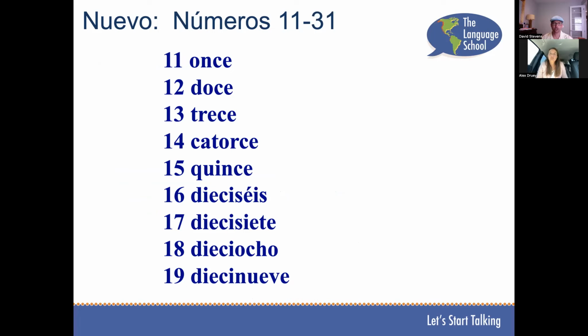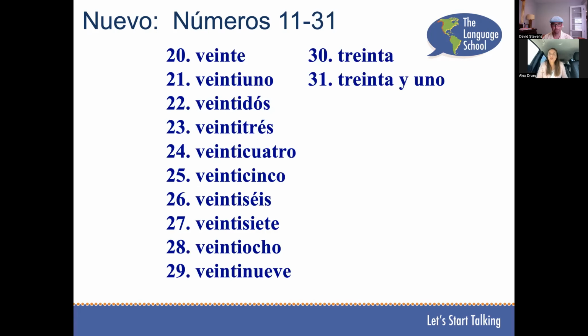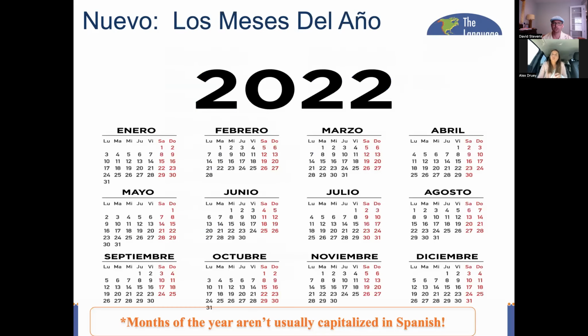Repite. 11, 12, 13, 14, 15, 16, 17, 18, 19, muy bien, 20, 21, 22, 23, 24, 25, 26, 27, 28, 29, 30, 31. Right? So we're just going up to 31 today so we can start talking about the dates.